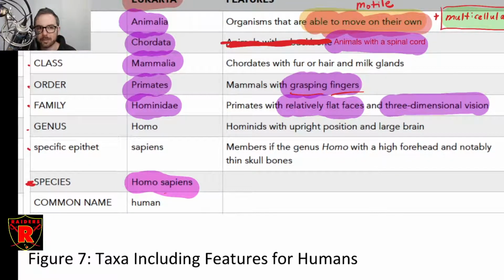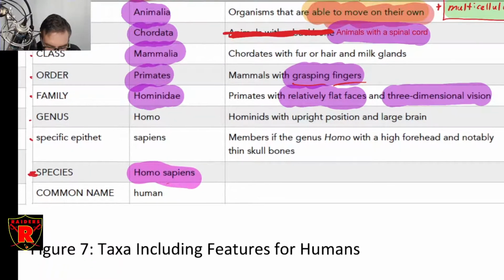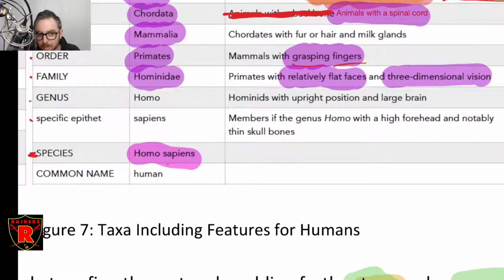Like hominids have basically flat faces. We are hominids. I'll turn my face in profile here. You can see it's a fairly flat face. So that's why we fit into this particular grouping. Of all the hominids, and there were many, we belong to a specific genus called Homo.